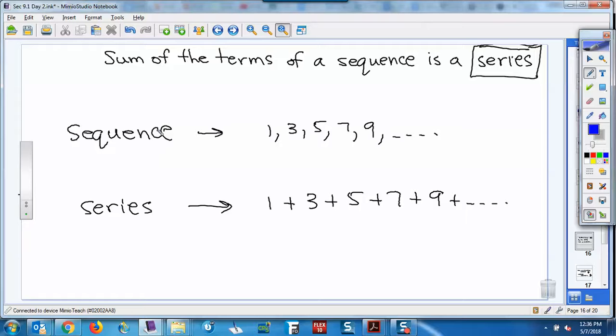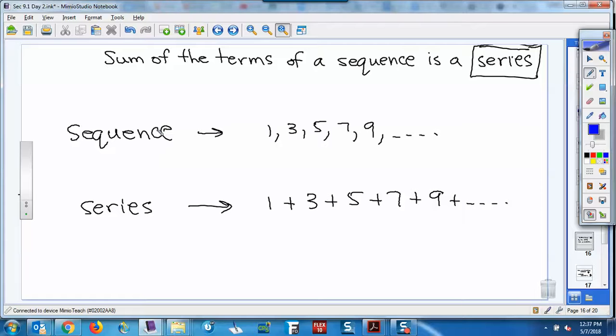All right. So, last thing. When you take a sequence and add up the terms, that is called a series. So, you look at these two lines that I've written up here, what's the difference? A sequence has commas in between the terms. A series has plus signs in between the terms. So when we do a sigma notation, that is describing a series.